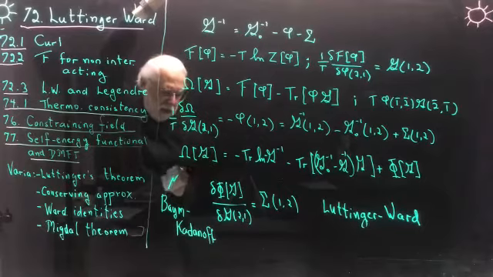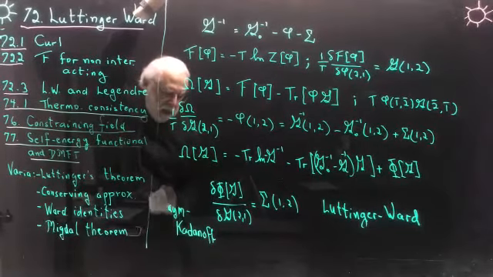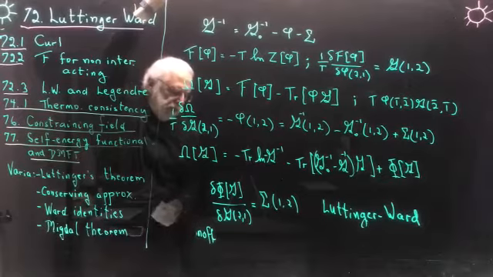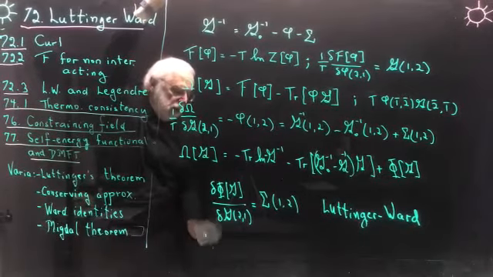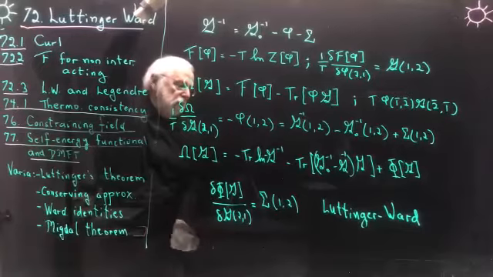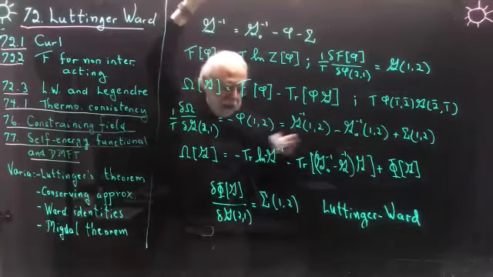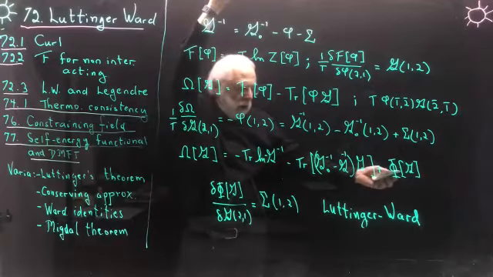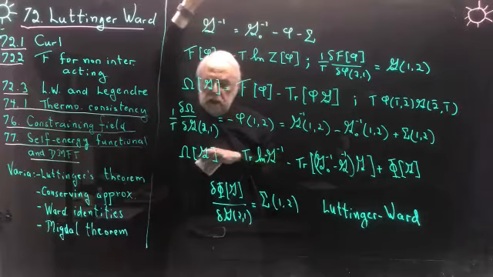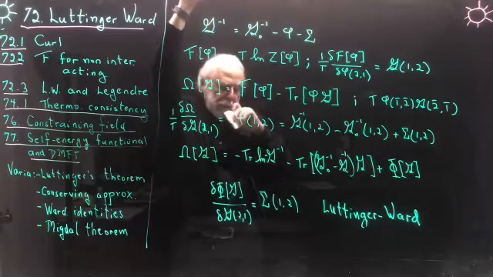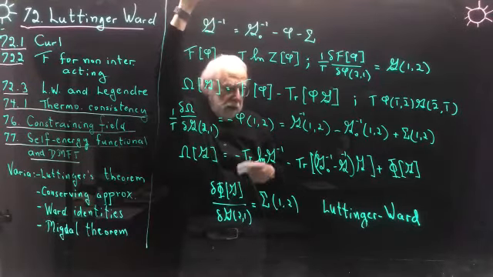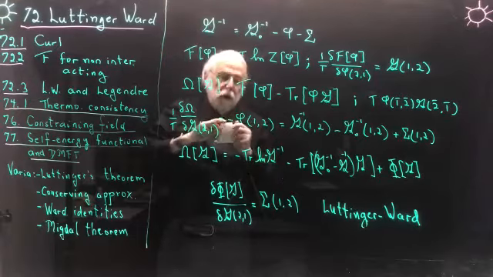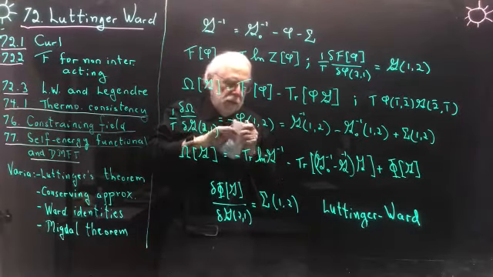Okay, now you see, let me talk a little bit about the other terms. If there are no interactions, there's no self-energy, and this phi is 0. So it means that when there's no interaction, we need to recover this omega of G, which is just the free energy of a non-interacting system.